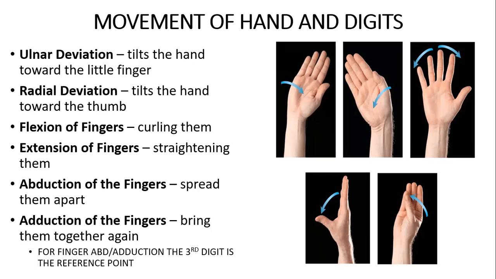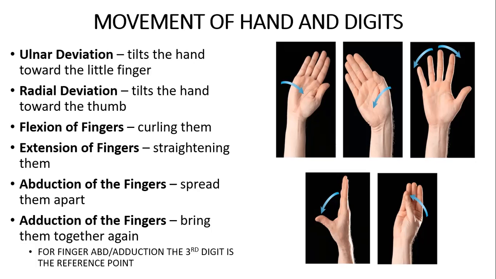The first movement is known as ulnar deviation. When we're talking about ulnar, we're talking about the ulnar bone. Remember yesterday, we said the ulnar bone was on the pinky side. So ulnar deviation is where we tilt the hand towards the little finger.